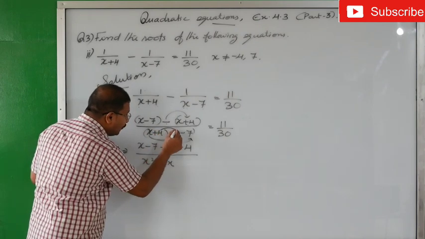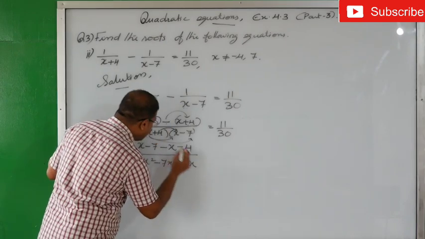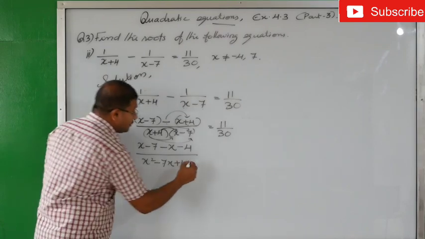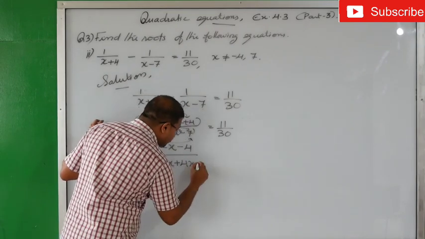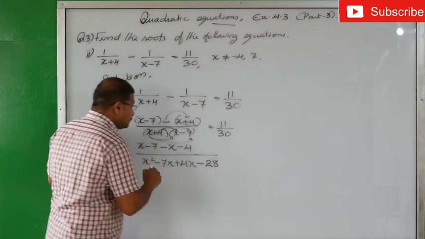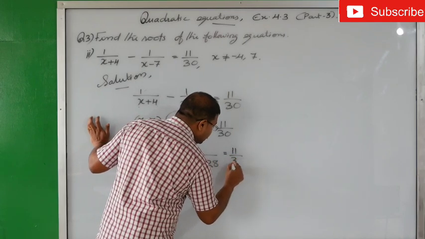Now 4 into x, plus 4x. Now 4 into minus 7, plus into minus, minus 4 7s are 28. Ready? This equals 11 by 30.